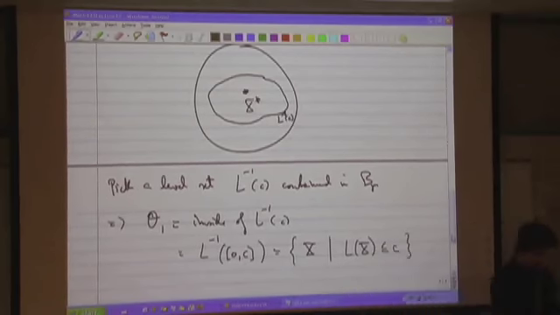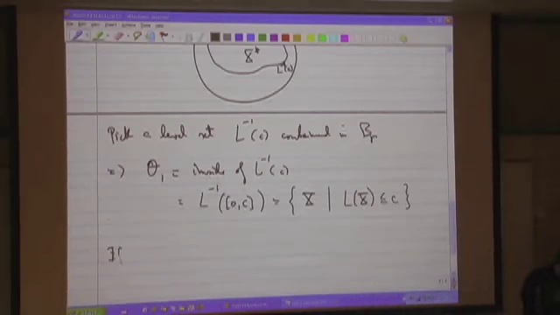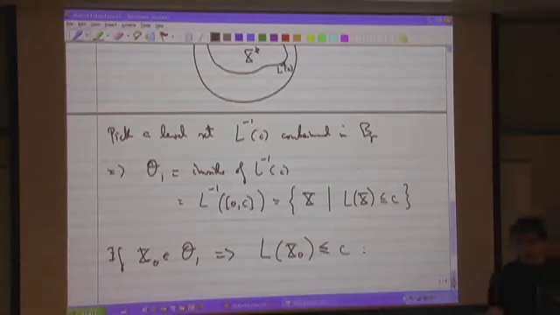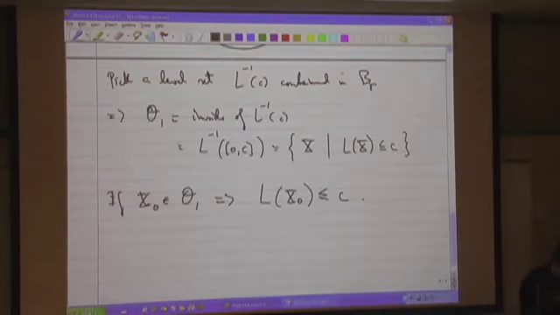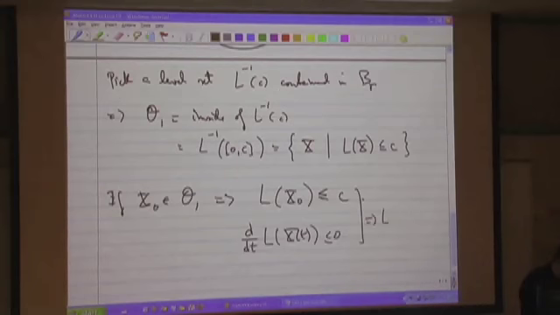So if I start with an initial condition in this, then the value of L at that initial condition is at most C. But the fact that the derivative with respect to t of L of x of t is negative means that L of x of t is non-increasing for t from 0 to infinity.